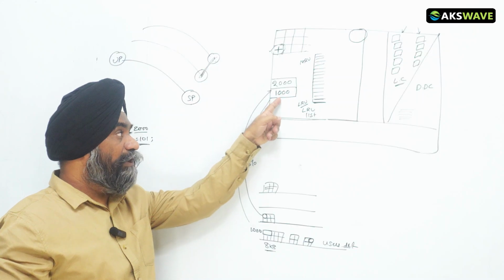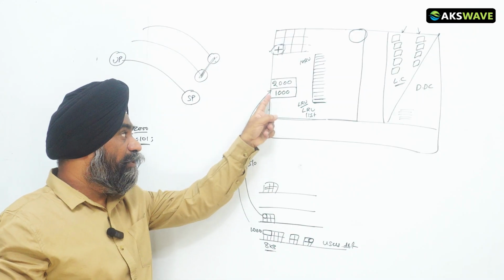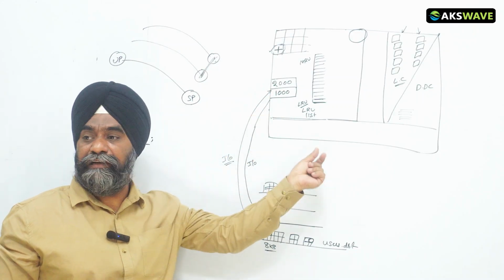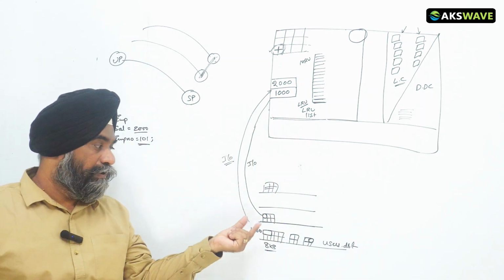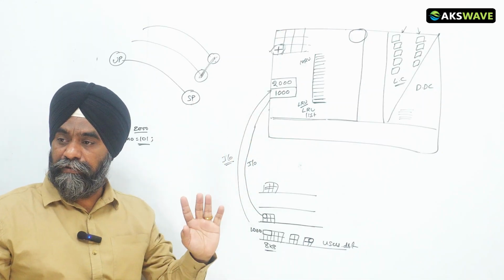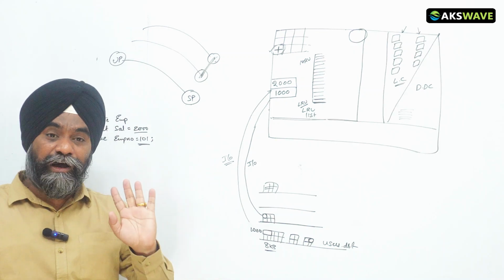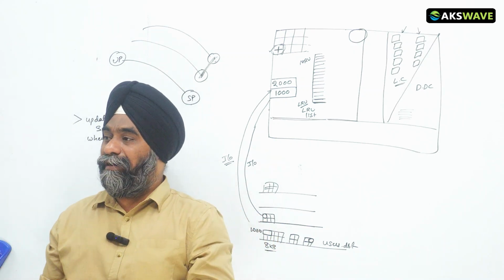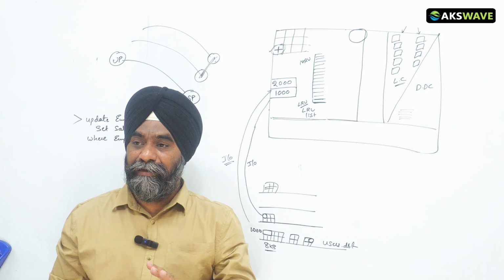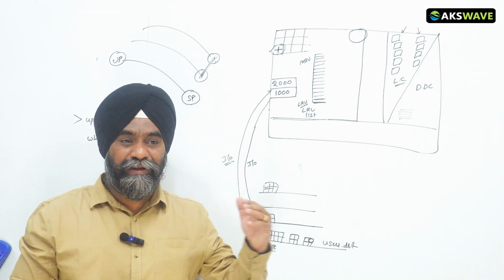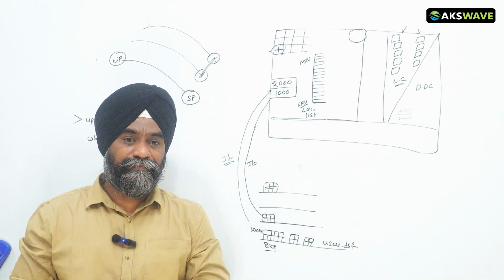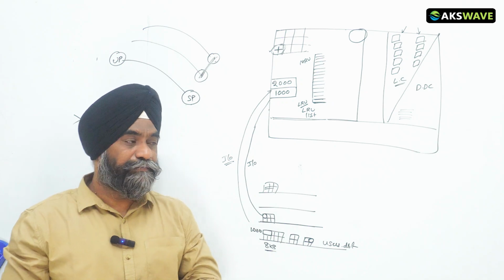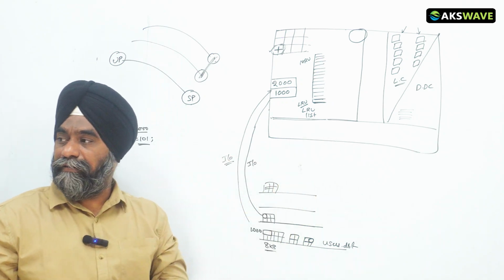What is the value before? 1000, and it is recorded in another object's block. Why? At any time now, if you say rollback, I can simply revert it back.